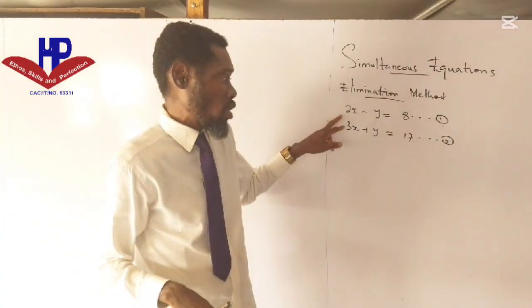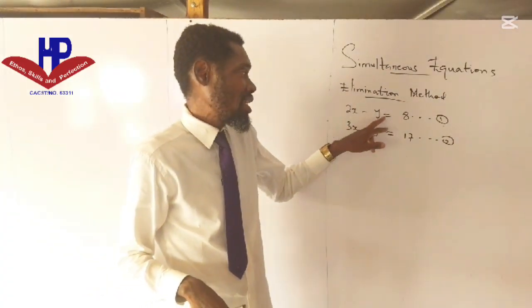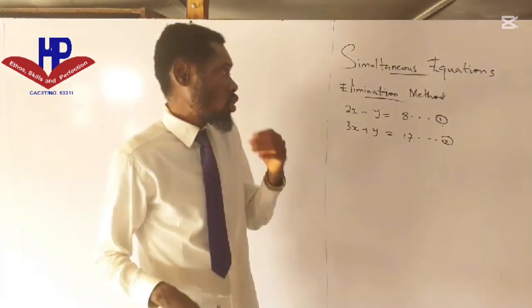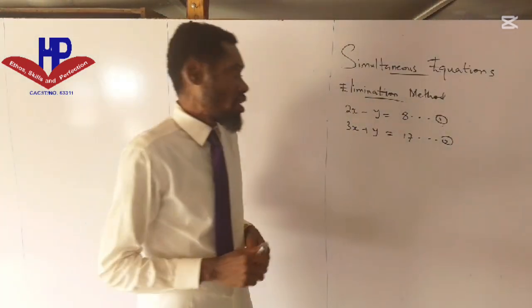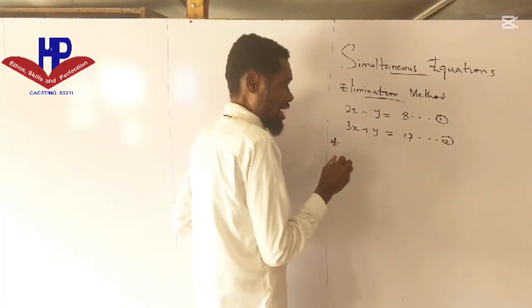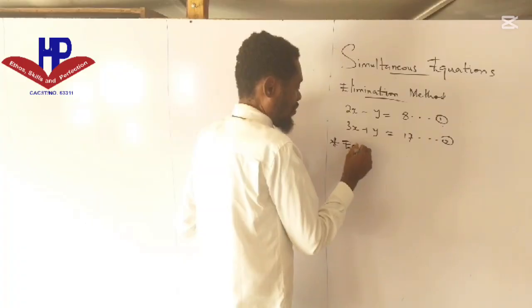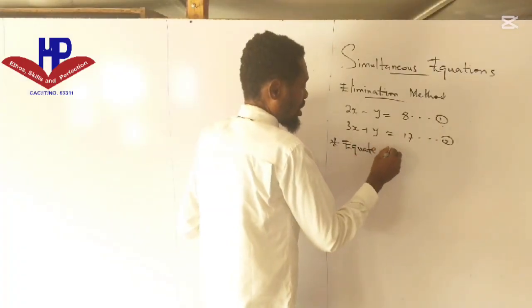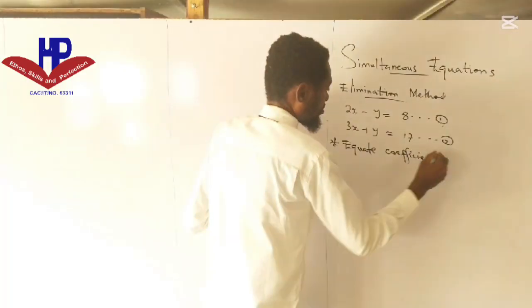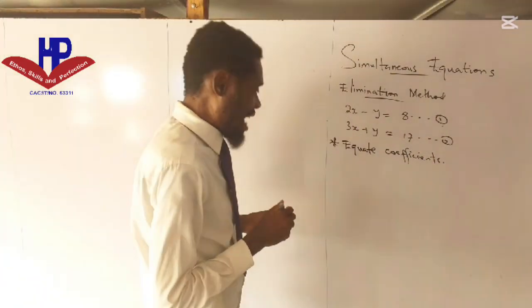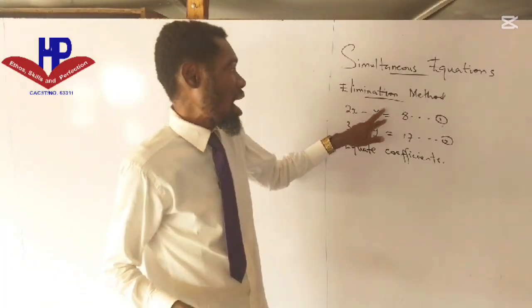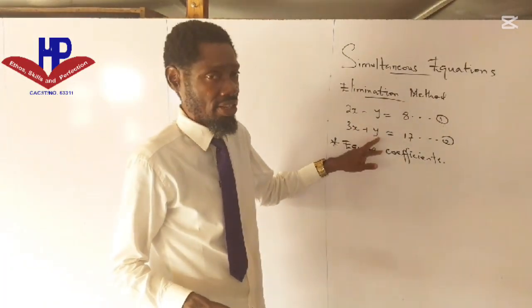So our first equation is 2x minus y is equal to 8, and the second is 3x plus y is equal to 17. To eliminate a given variable, the first thing you must do is to equate the coefficients. And that was why I said I would have eliminated y directly without wasting much time, because the two y's have the same coefficient.